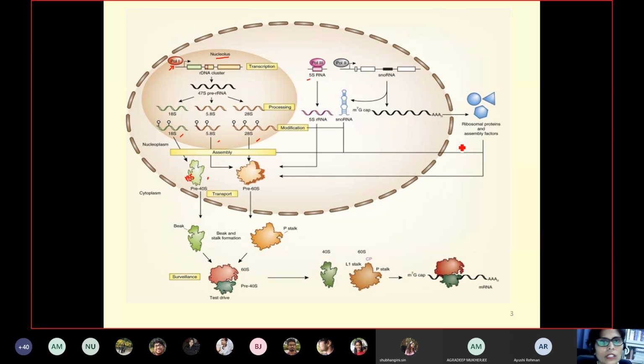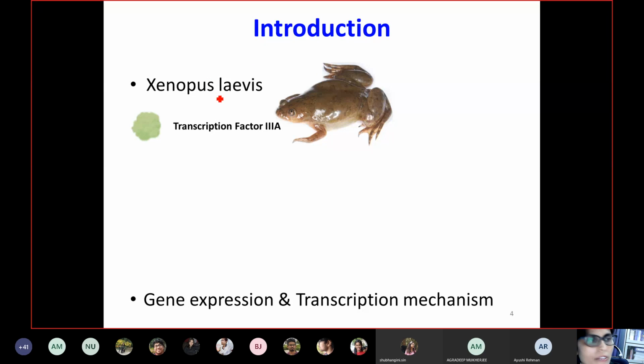I thought of giving this picture because last time there was some confusion about why we are talking about 5S RNA and what the reason is. In the last lecture, we talked about the 5S gene and about Xenopus laevis, from which the transcription factor, namely transcription factor 3A, was purified.